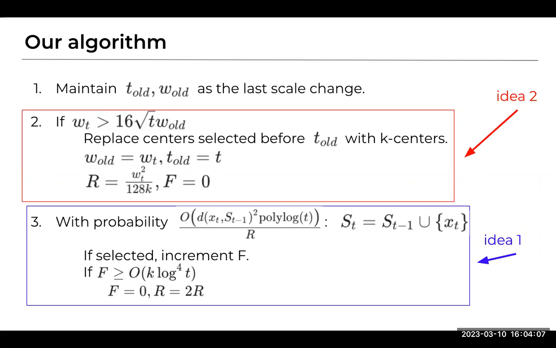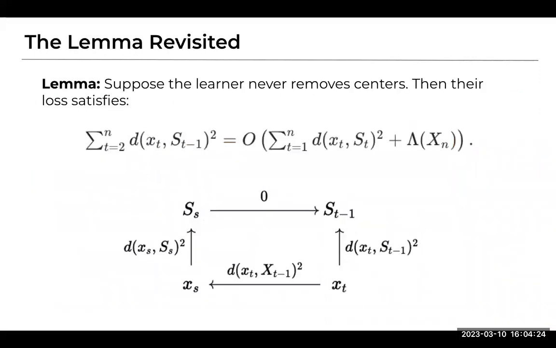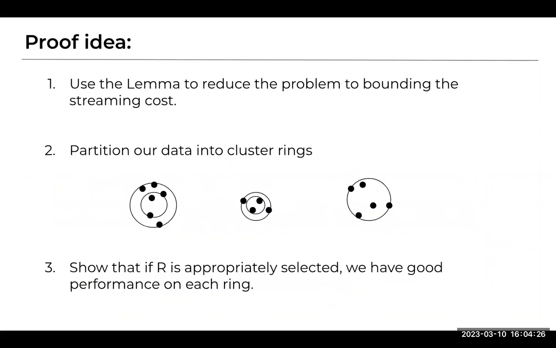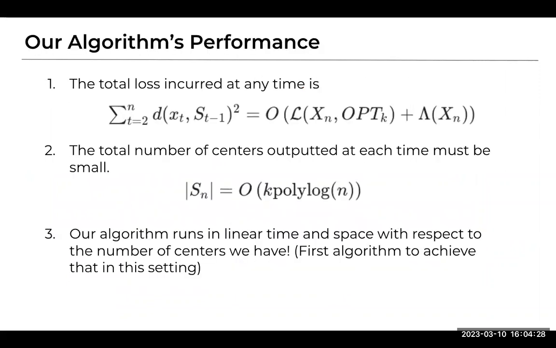In that step above where we replace the centers with k-centers clustering, you're going to need to store these k points, but k-centers is very easy to do efficiently with low memory. So our total memory is also k log n, which means that our time is k log to the something n. So that's how our algorithm does.